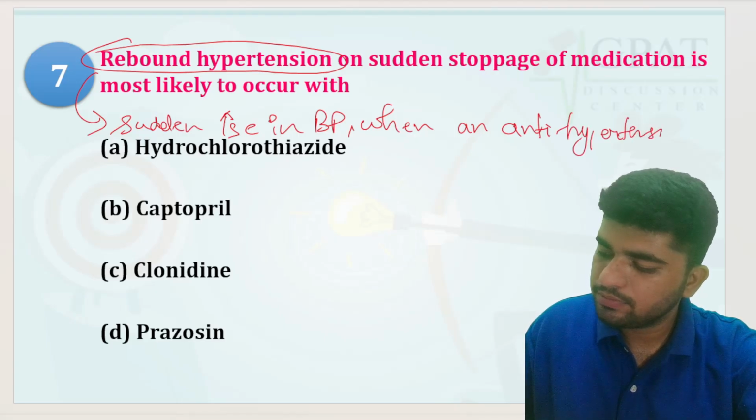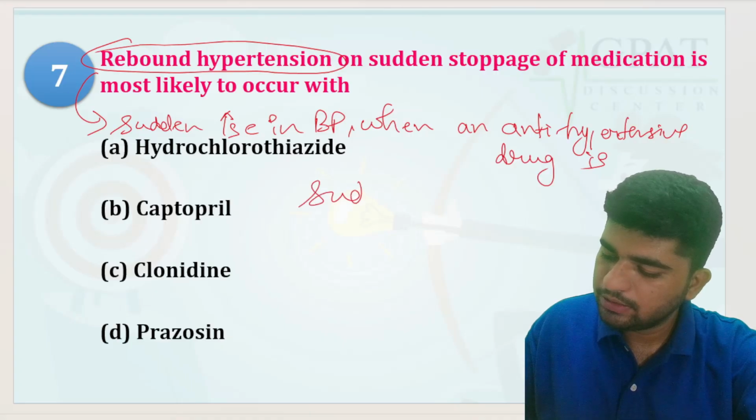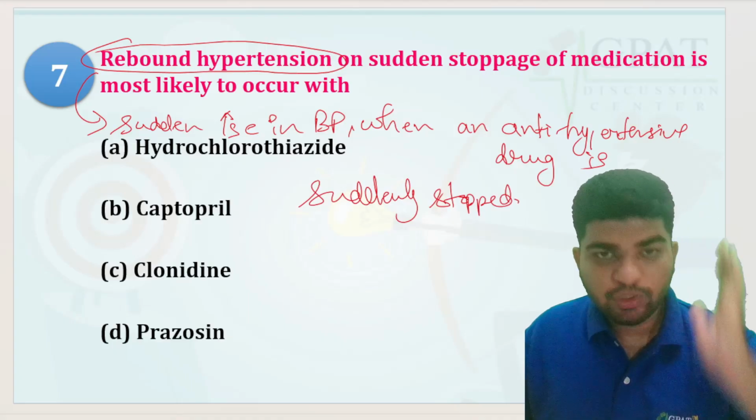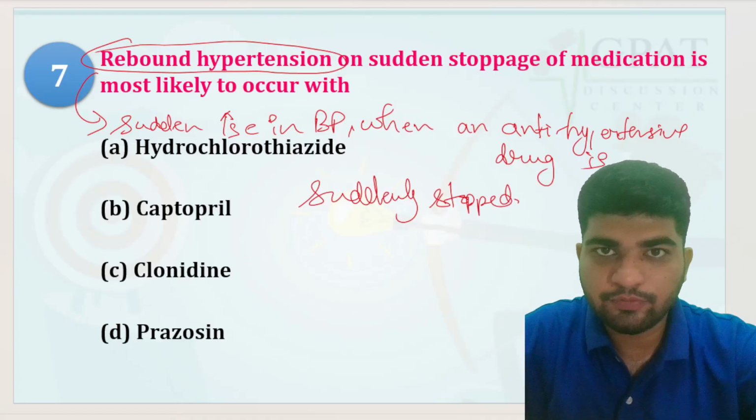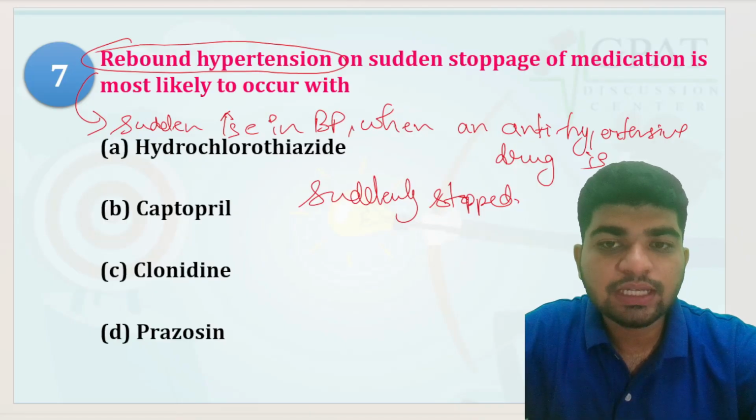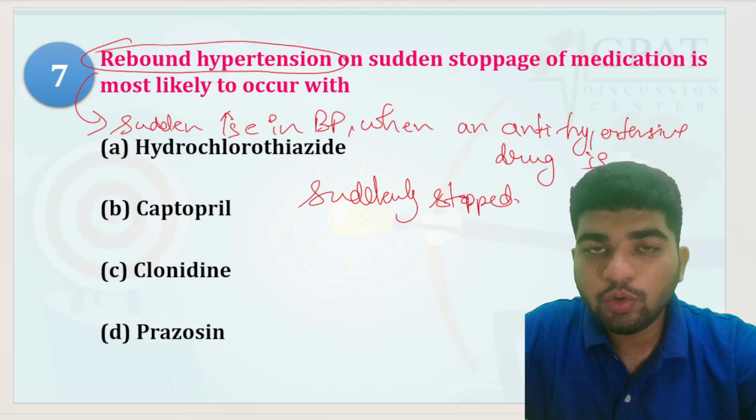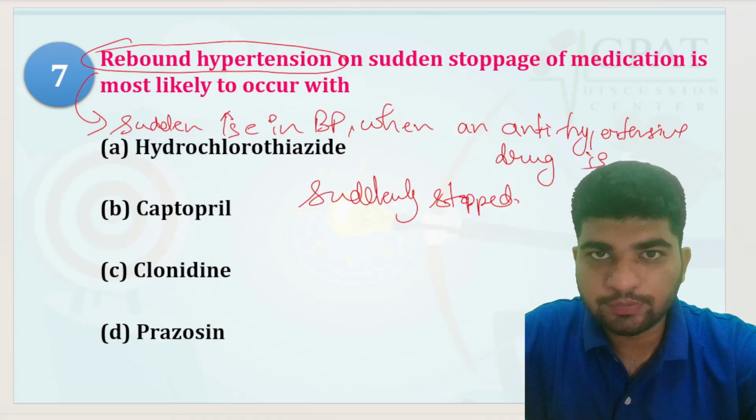when an antihypertensive drug is suddenly stopped. For example, you are taking a drug X for your BP condition, but after some time you suddenly stop that drug without taking any advice from the doctor. What will happen once you stop the drug?